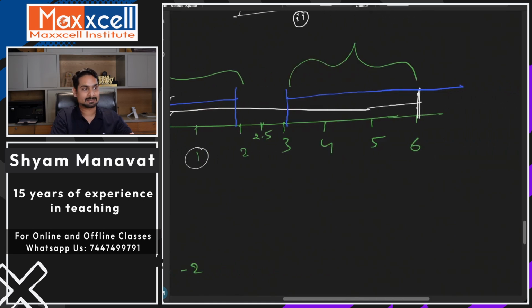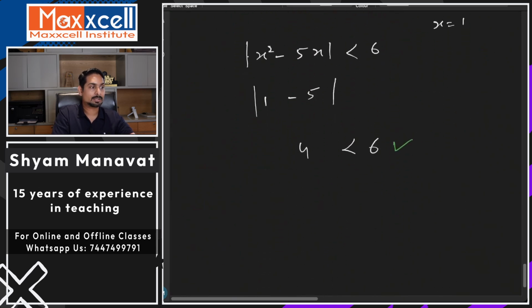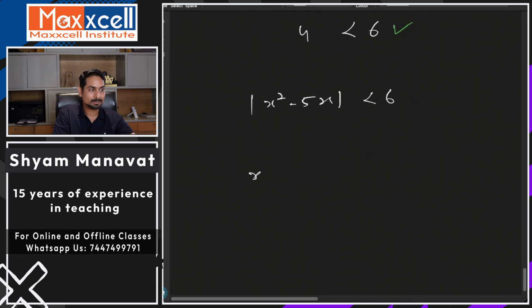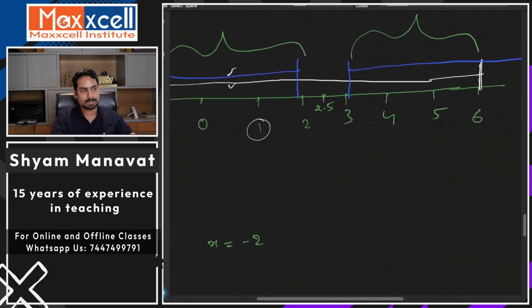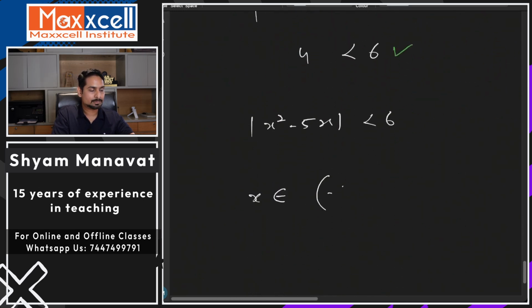3 to 6. So what is the question? The question is |x squared minus 5x| less than 6. Here the solution is x belongs to -1 to 2, or that means union, 3 to 6.